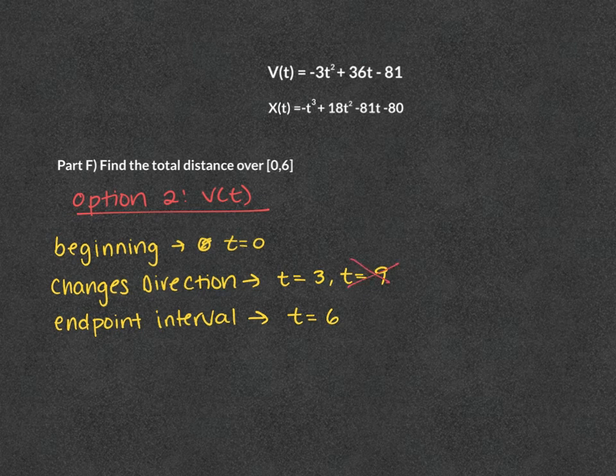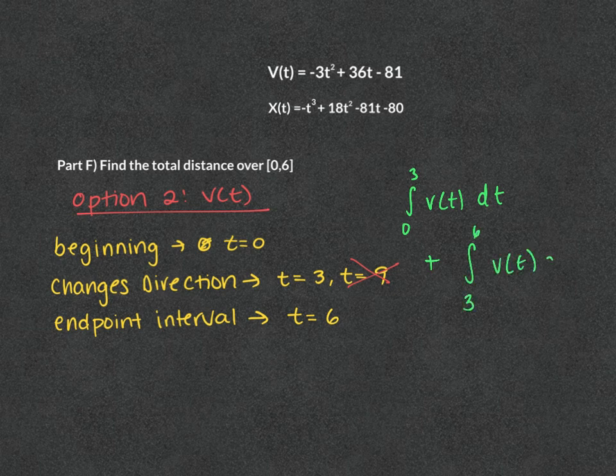So we actually have to break up the integration in two parts. So we're going to integrate from the beginning to where it changes direction, and then from changes direction to the endpoint. So we're going to do the integration of 0 to 3 of v of t dt, and then we're going to add that to the integration from 3 to 6 of v of t. So I'm going to do that over here.